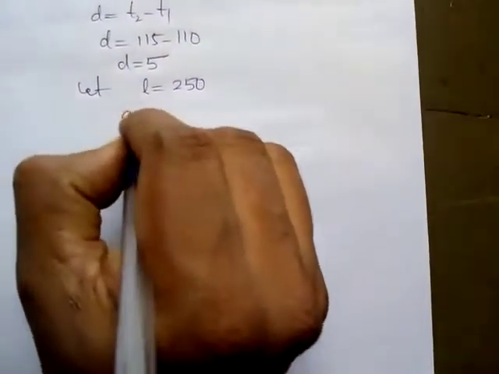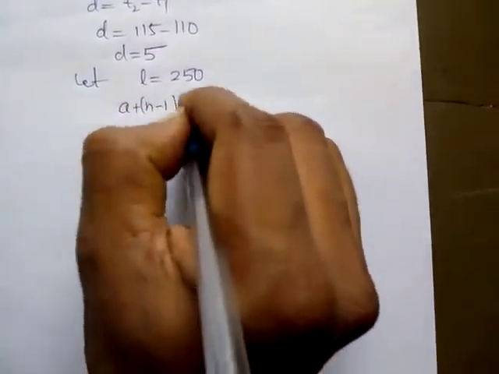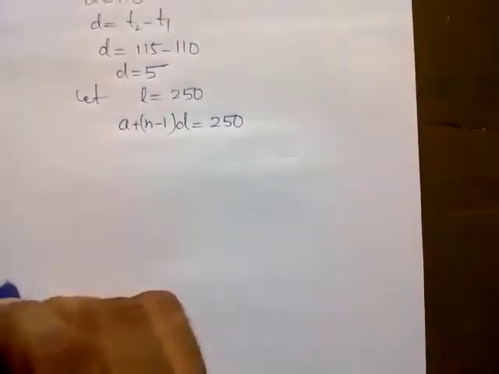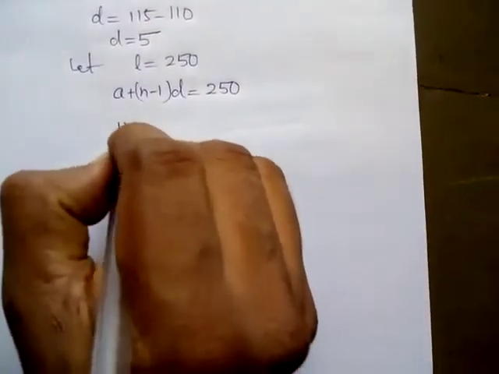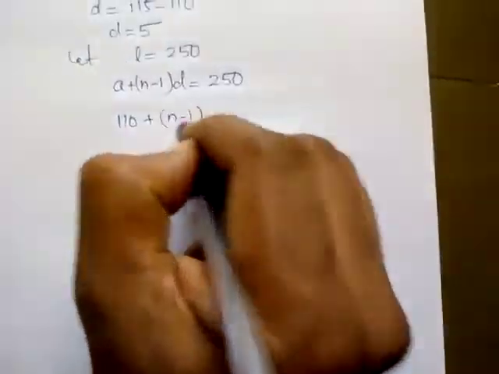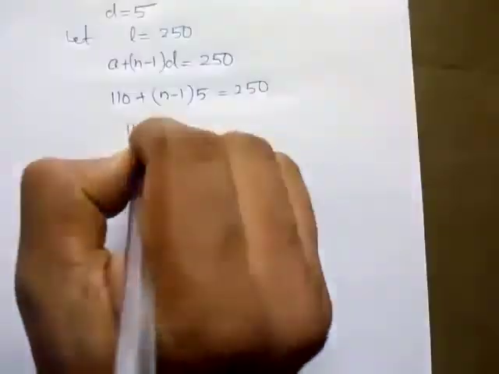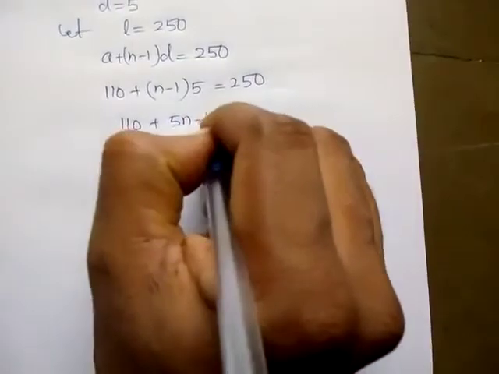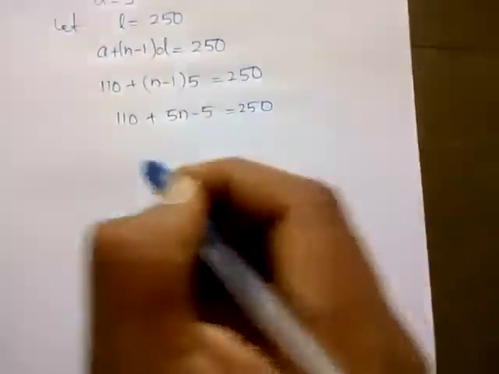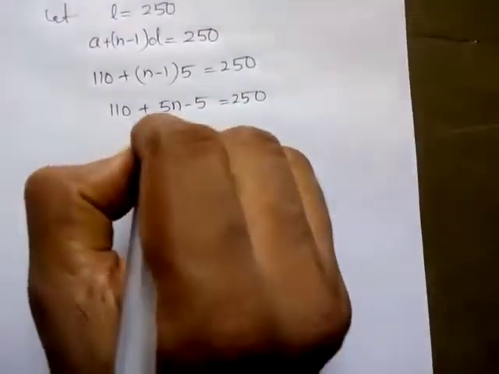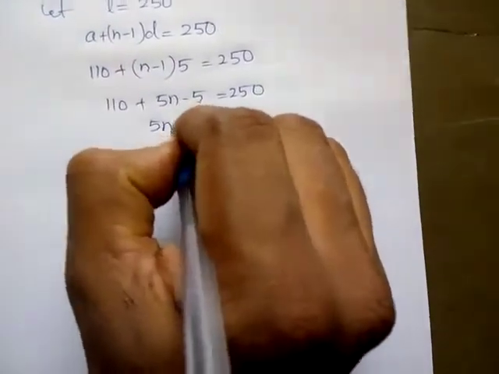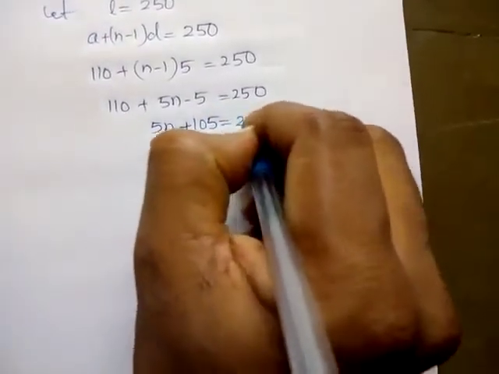What is the formula? A plus (n minus 1) into D is equal to 250. What is A? 110 plus (n minus 1) into D, D value is 5. So 110 plus 5n minus 5 is equal to 250. So 5n plus 105 is equal to 250.